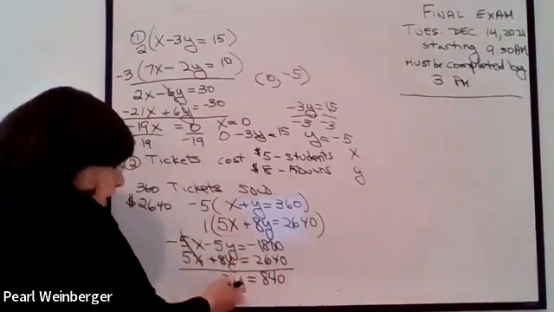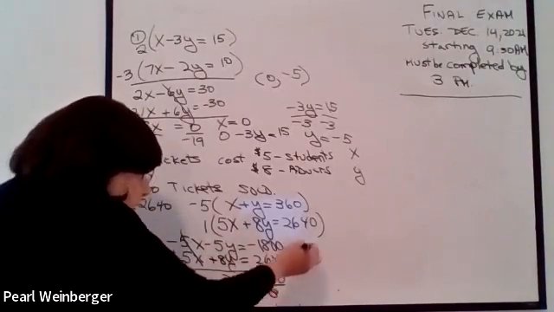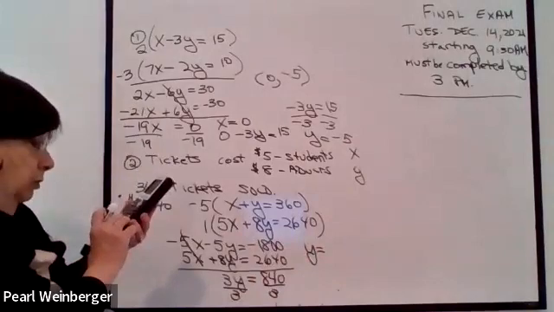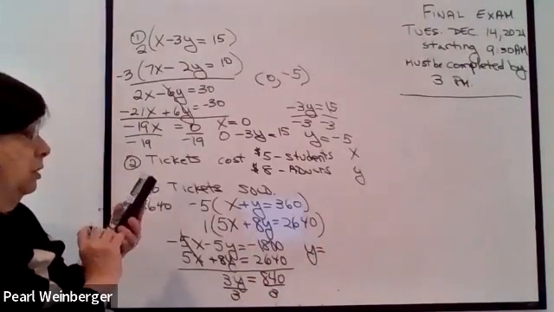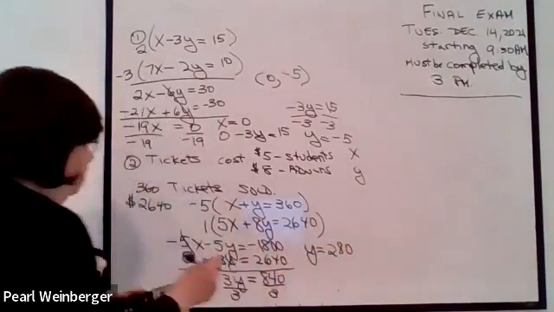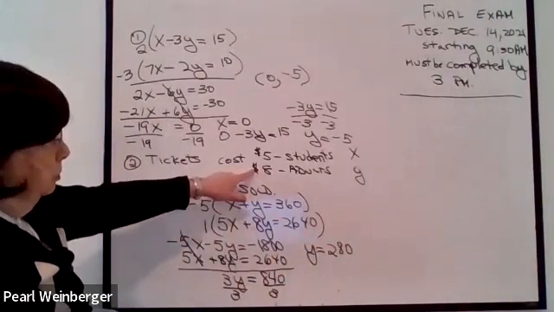And now I'll divide both sides by 3. And that'll give me that Y is 280. 280 adult tickets were sold.